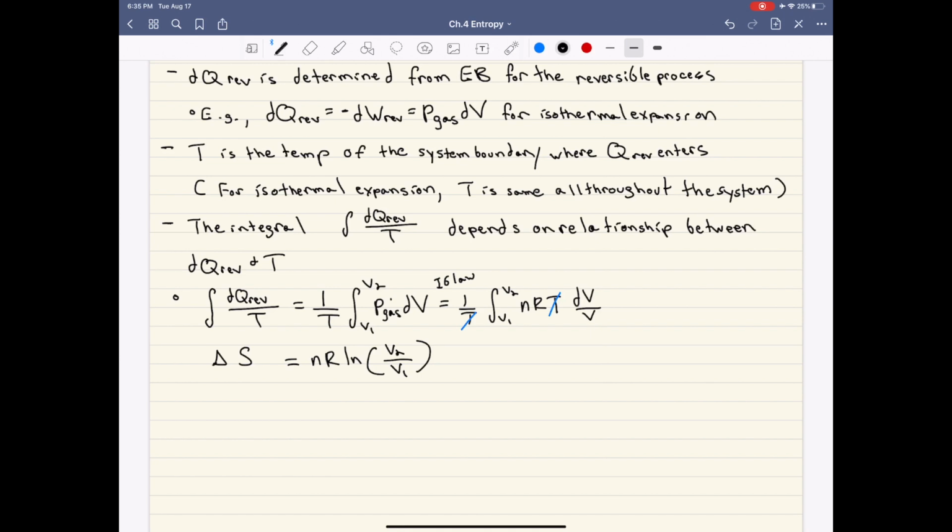And so this entropy we're looking at, this delta S, if we go through the units of nR natural log of V2 over V1, what we would have are units of energy over temperature. Okay? And so that's the first term in that second law of thermodynamics that we're dealing with.